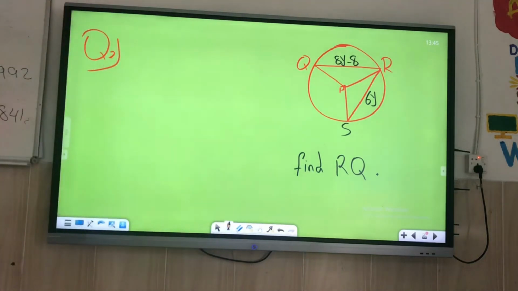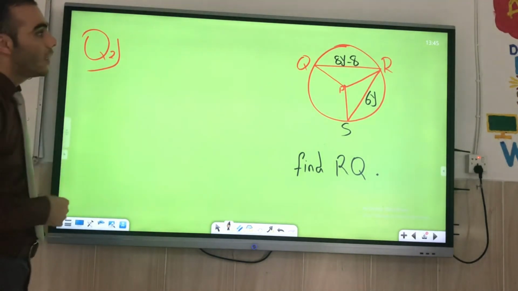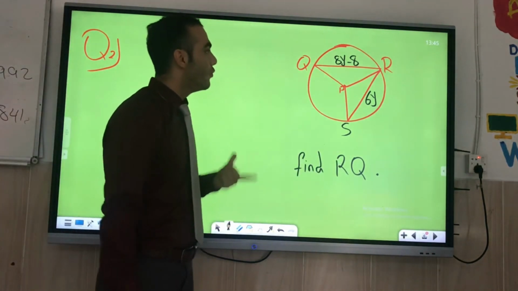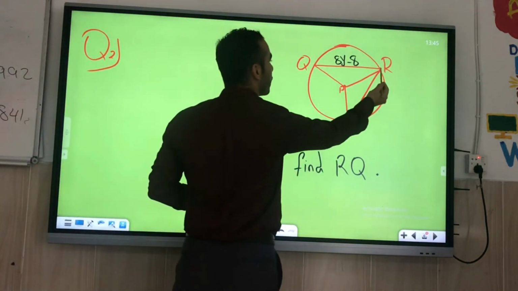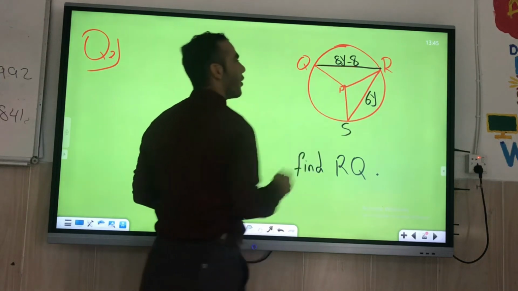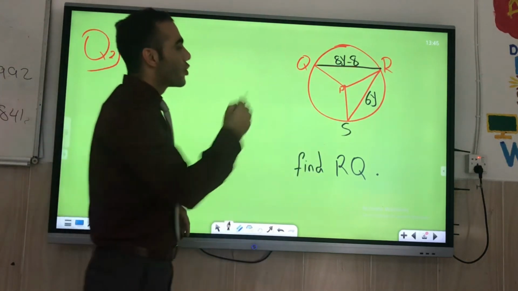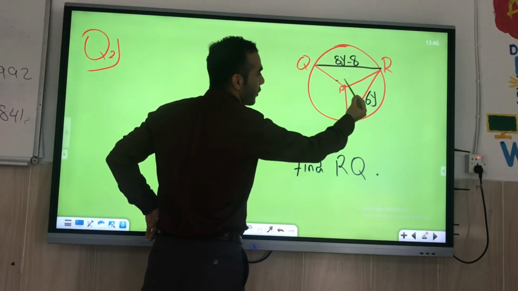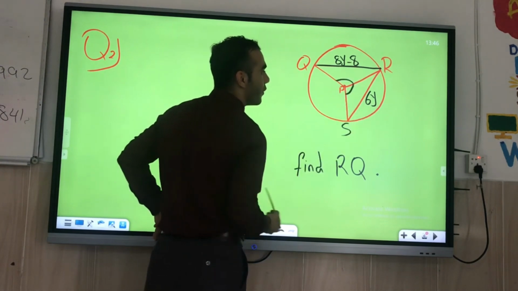The next question came from that part that I told you the examiners are really interested in, and they have a great desire to bring questions from this part. And it says, find the measure of RQ. So RQ is a chord. That one. By the way, I forgot to mention these 2 angles are equal to each other.